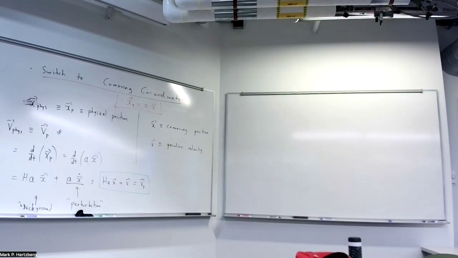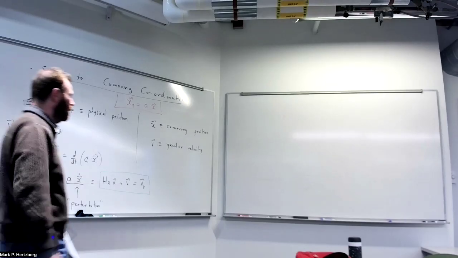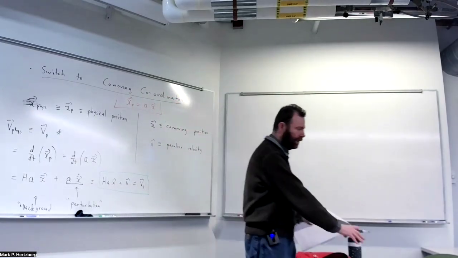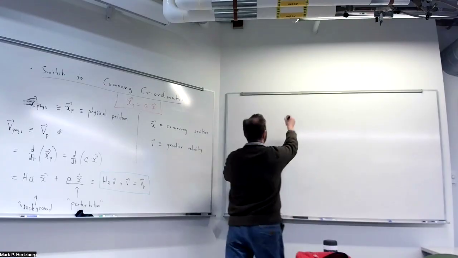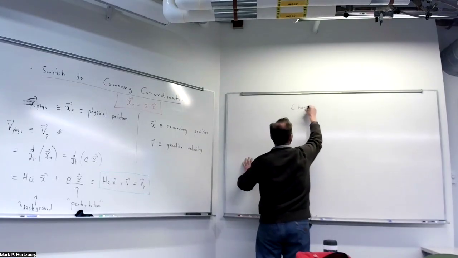So I need to put a p here and wherever else you see them. Is that okay? This should be clear, right? Everything was totally physical. Now we're doing the funny thing of moving to co-moving because it will help us separate out expansion from perturbation. Okay, so let's talk about a change of coordinates.